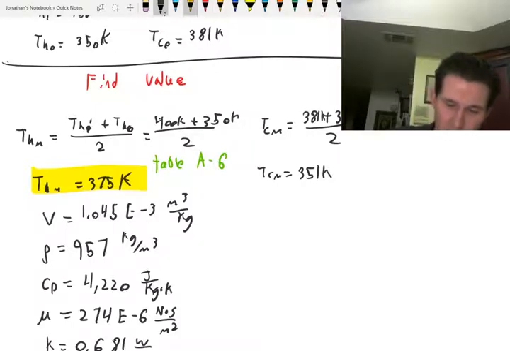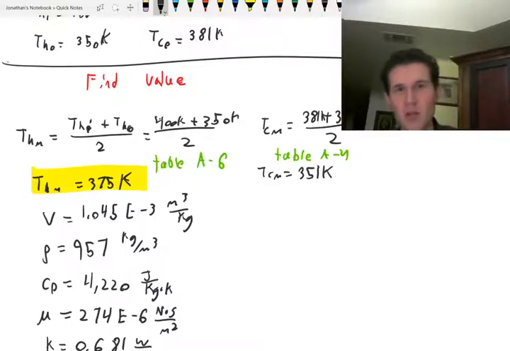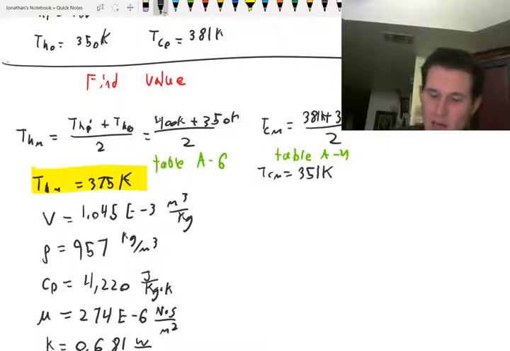Now, where do we go for this 351 Kelvin? Table A-4 in your book. That's where we're going for our Kelvin. You flip it open, and we don't have a value for 351 Kelvin. We have a value for 350. What do? Well, we just assume that 350 Kelvin is close enough to 351.